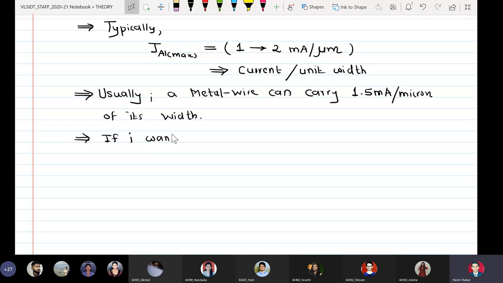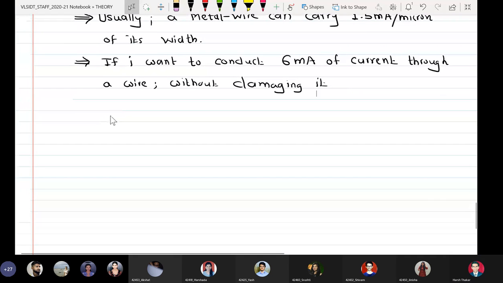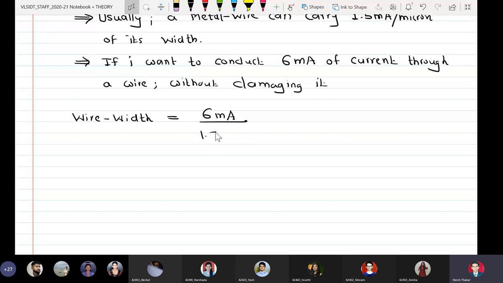That means if I want to conduct 6 milliamperes of current through a wire without damaging it, the wire width should be equal to 6 milliampere upon 1.5 milliampere per micrometer, which is equal to 4 micrometers.